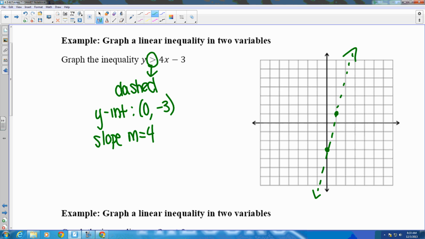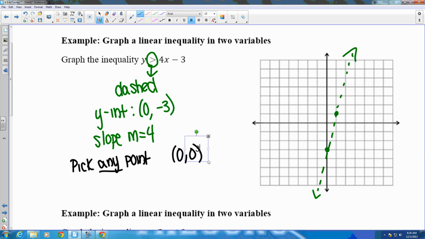What you're going to do to shade the true side is pick any point, not on the line. And I think the easiest point to pick always is 0, 0. And then what you're going to do is plug the x and the y values into the original inequality to see if it makes sense, like we were trying on the first page.